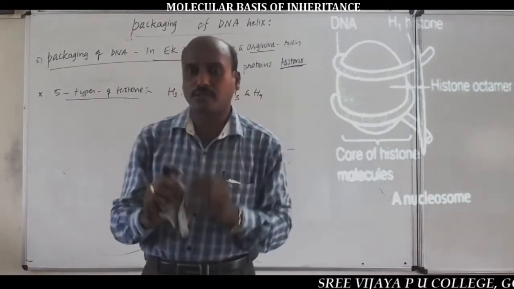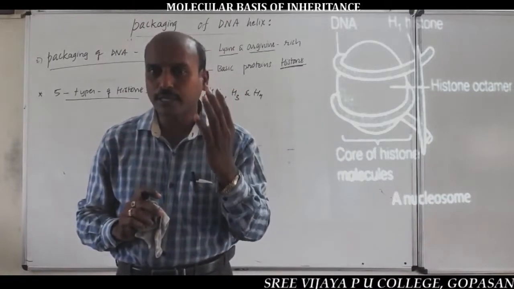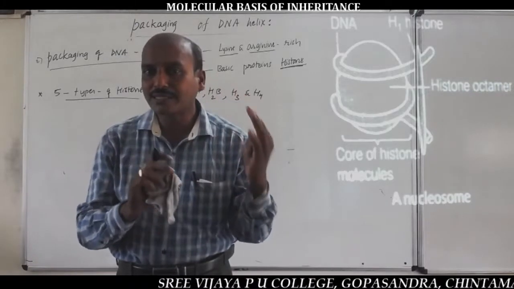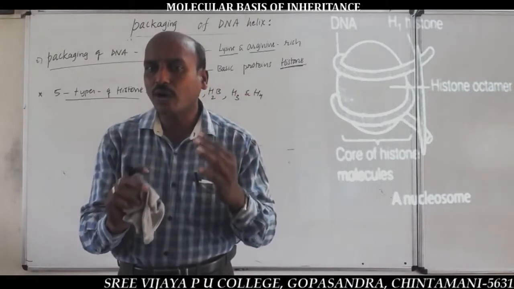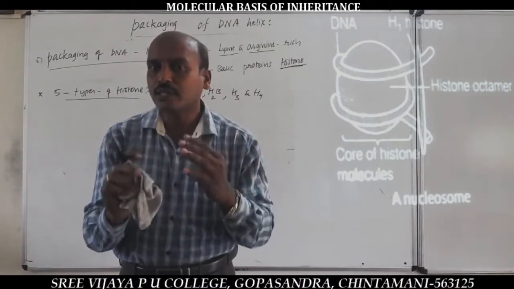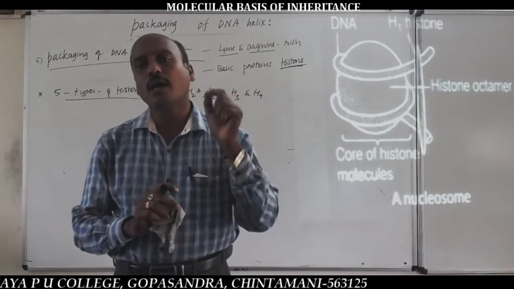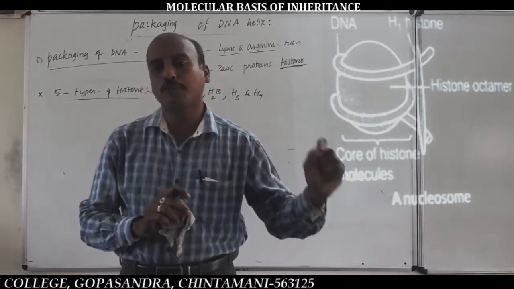Among the 5 types, 4 histone proteins occur in pairs to produce a structure called histone octamer. This histone octamer is also called nucleosome body or core of histone protein.